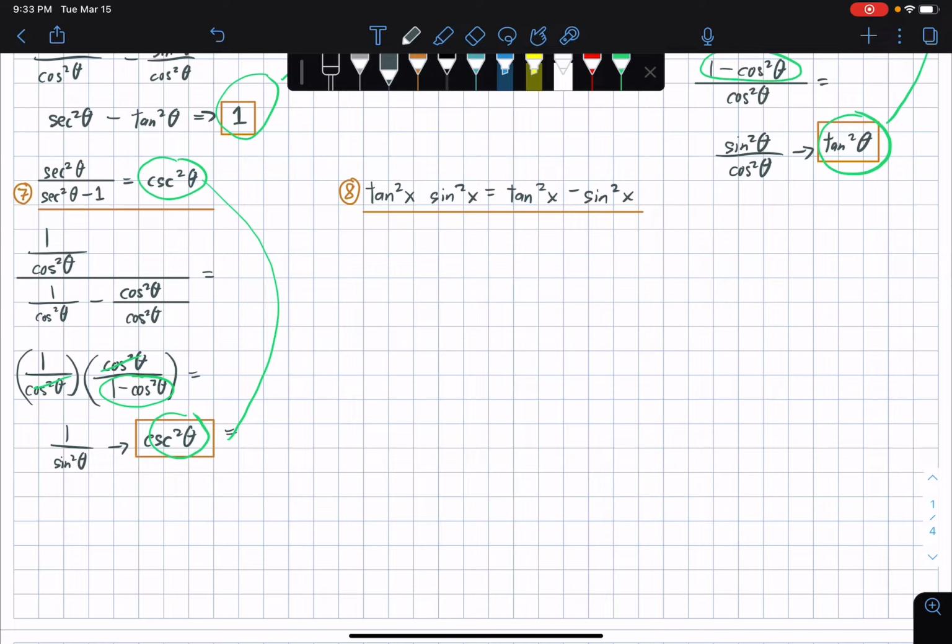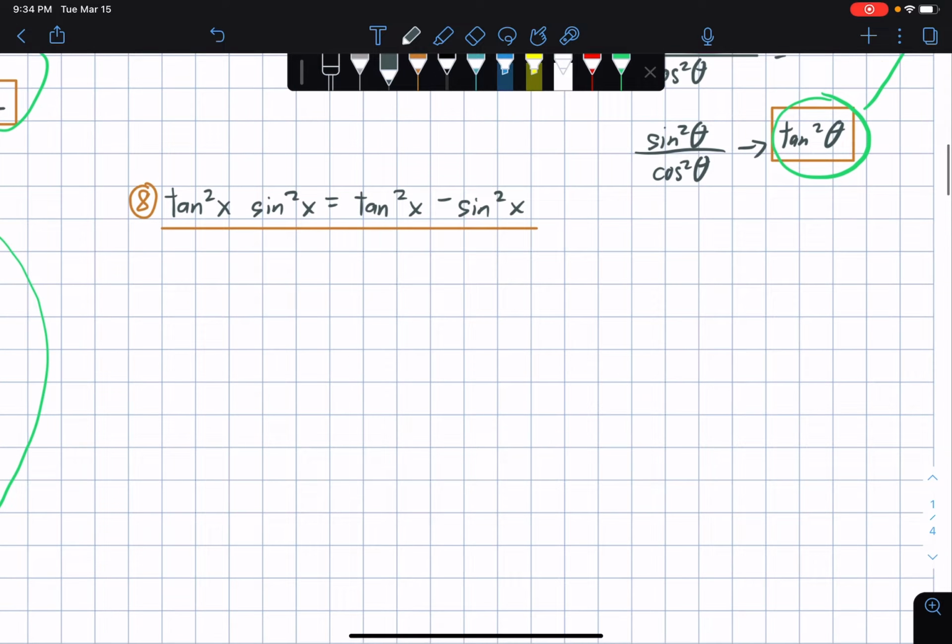You need to have your own index card, with the trigonometric identities formula listed there, at least the reciprocal, quotient, and the Pythagorean. As for the even or odd and the cofunction, that's a different story. We'll be tackling that next time, hopefully.